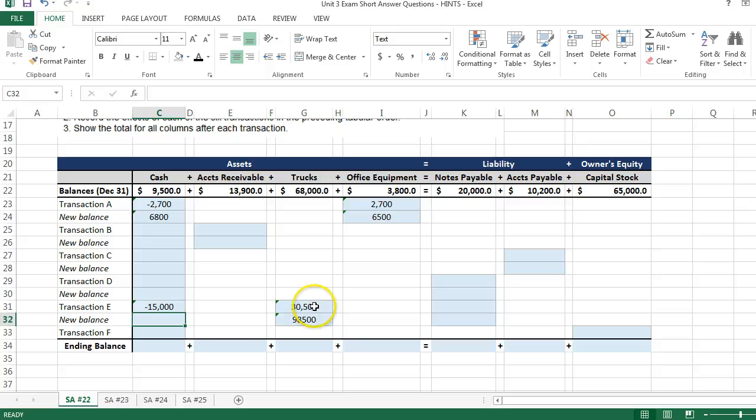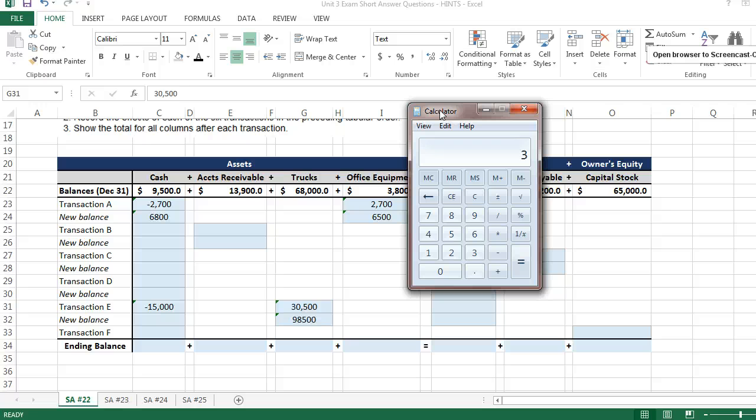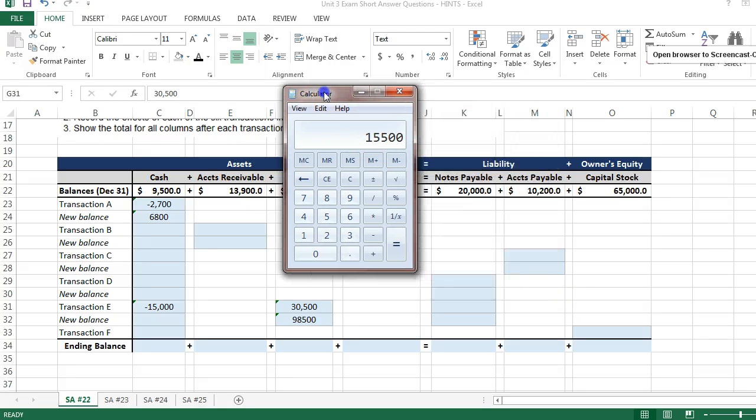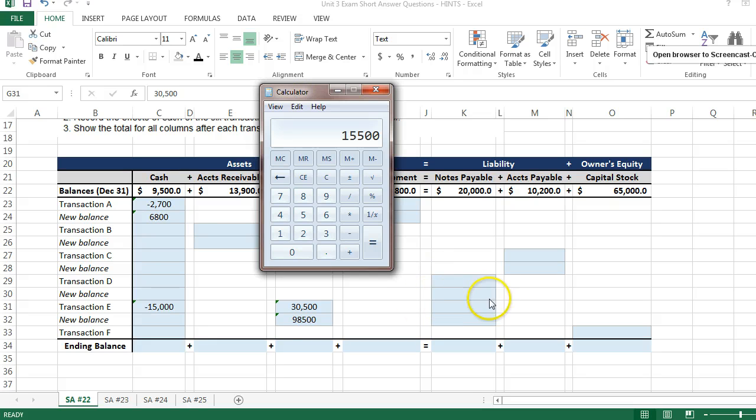So you're going to want to take this $30,500 minus what we paid in cash, and that's going to tell us what we have left that we took out a loan for, or a notes payable, which is a liability, meaning we owe this amount of money still for those trucks. That's going to go under our notes payable account.